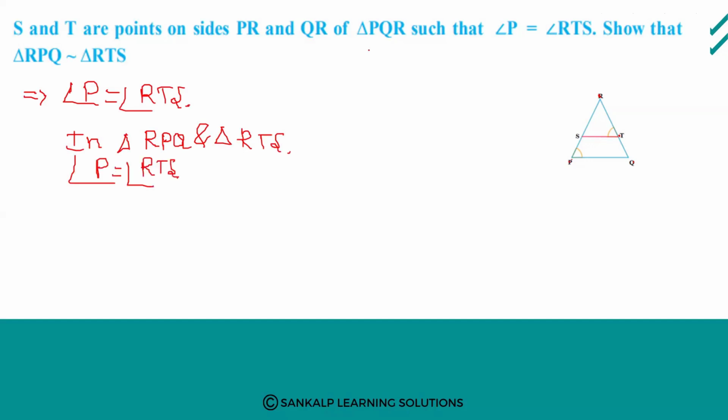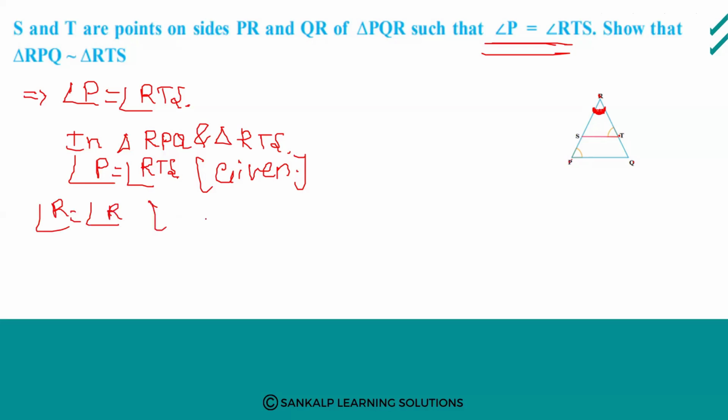Angle P means it is given, right? So given, ಇವೆರಡು angles equal ಇದೆ ಅಂತ ಕೊಟ್ಟಿದ್ದಾರೆ. So when you are taking RPQ and RTS, R is common to both the triangles. Therefore, angle R is equal to angle R. This is a common angle.